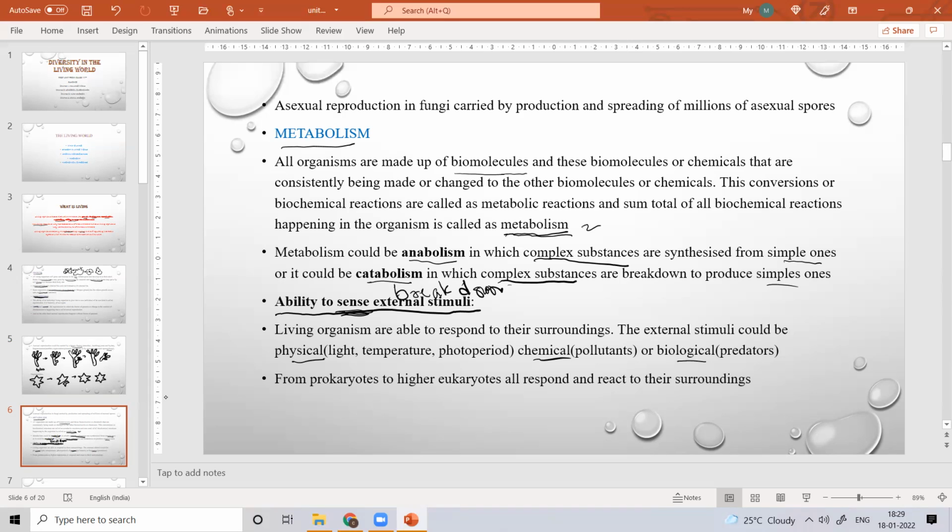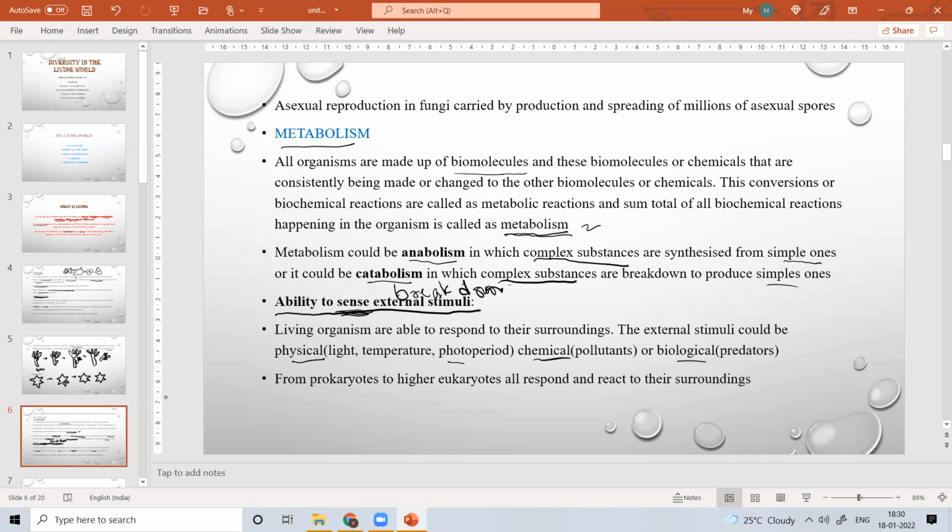Physical means something physically happening. Maybe changes in light, temperature, maybe the temperature is cooling down or heating up in the surroundings, then we are able to sense that change. Even the photoperiod we can sense. And chemicals, like if something is spreading in our surroundings, we are able to sense it.